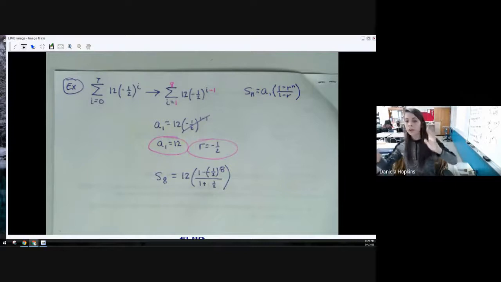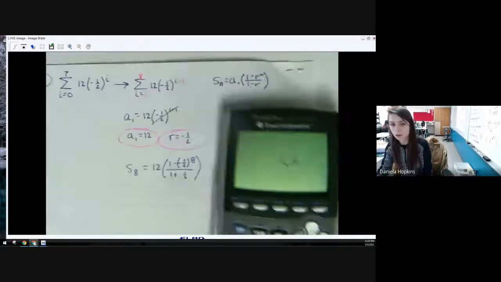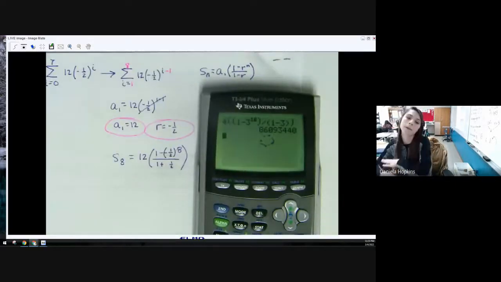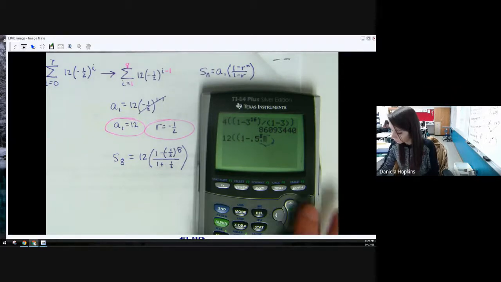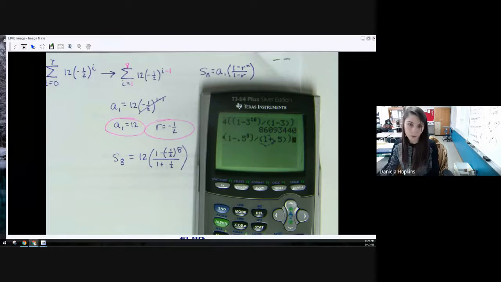So in your calculator, it's easier to type a decimal than a fraction, but if you need to type a fraction, then you have even more parentheses, but that's fine. So I'm going to type 12 times double parenthesis, and then it'll be 1 minus 0.5 to the 8th divided by 1 plus 0.5, close my double parentheses.